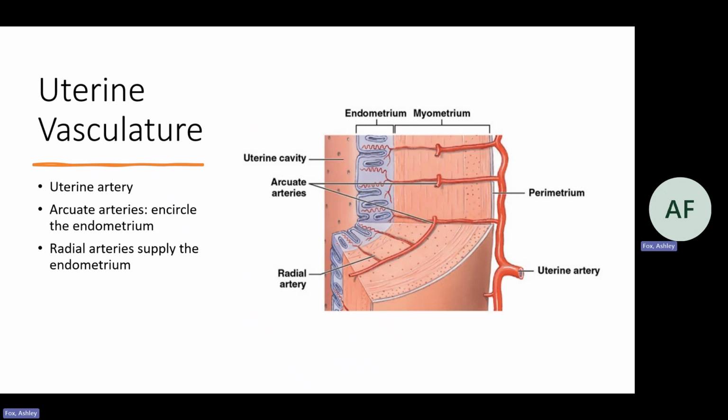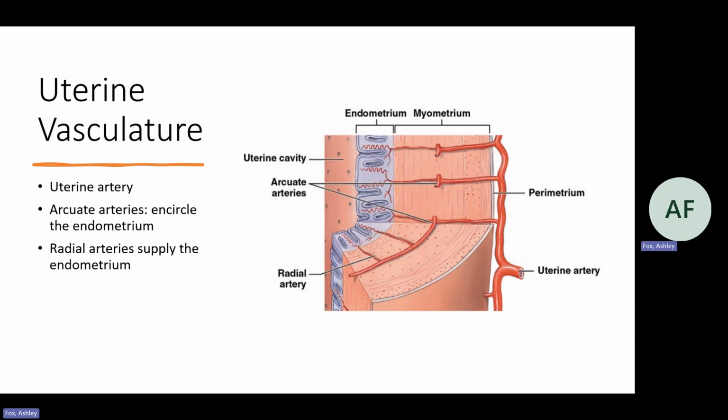Now looking at the vessels of the uterine layers. First the uterine artery comes in, penetrates the perimetrium, goes through the myometrium, and starts arcing out in the middle of the myometrium.